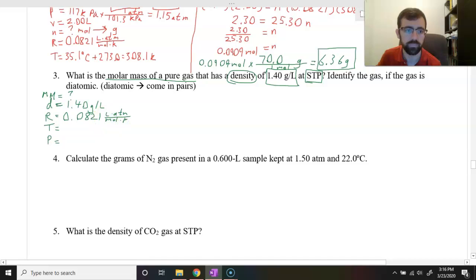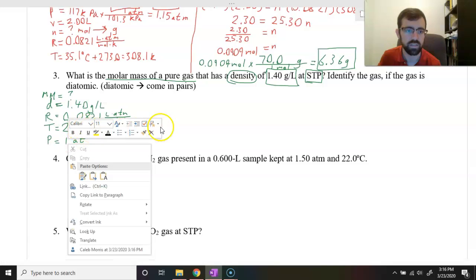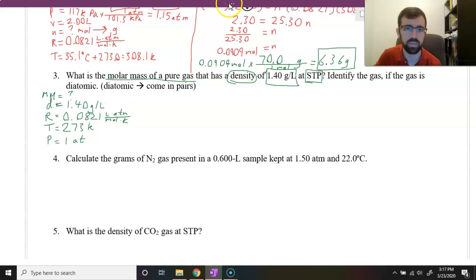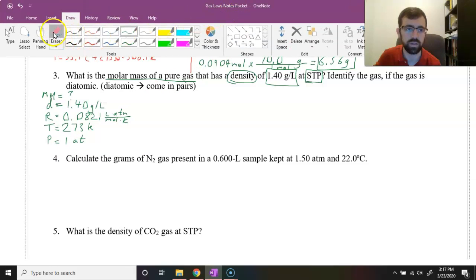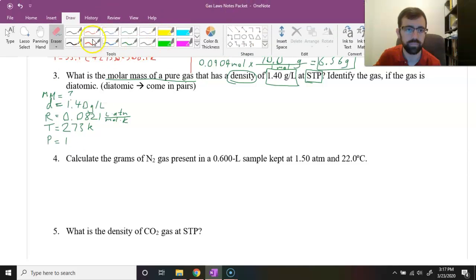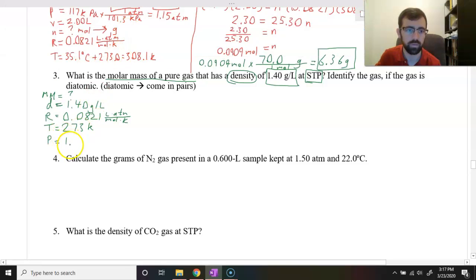T is 273 Kelvin. Pressure is 1 atmosphere. And actually, to keep our sig figs consistent, we should put 1.00 atmospheres. Let me get my eraser real quick, and I'll fix that.